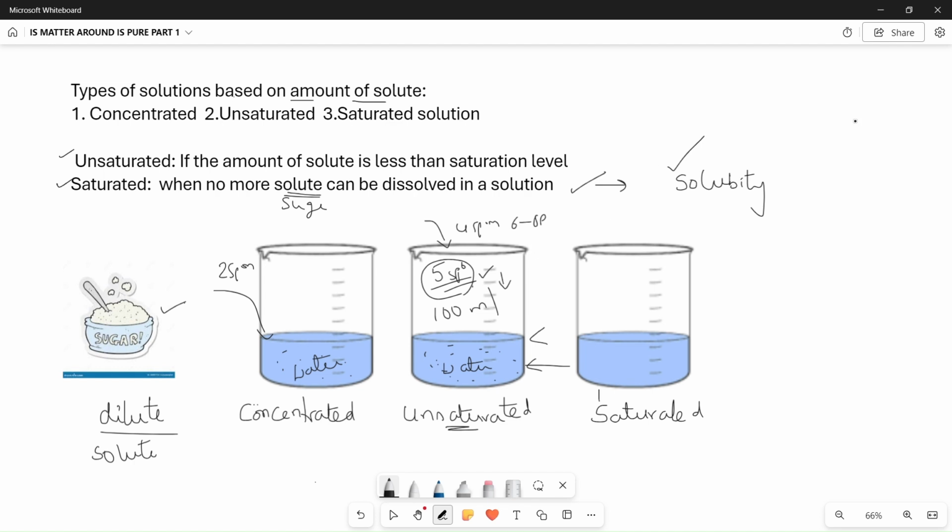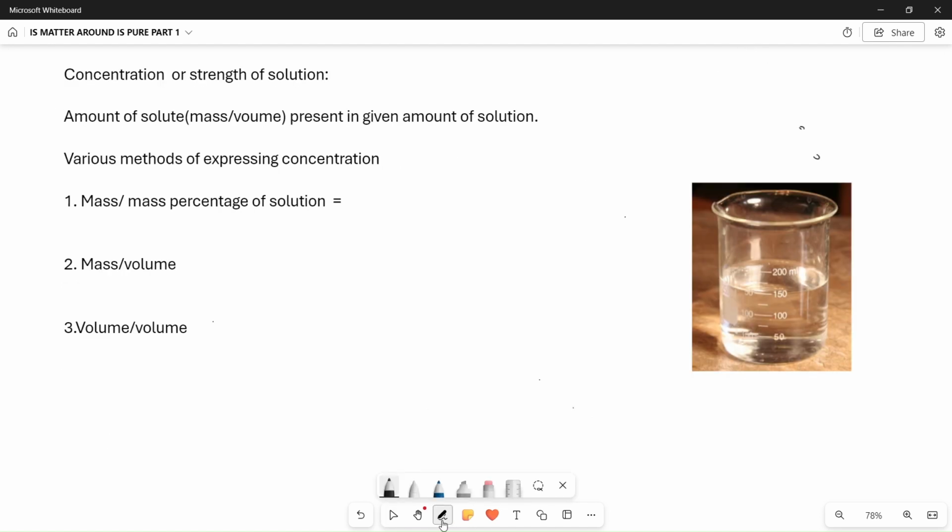We discussed saturated solution, unsaturated solution, solubility and concentrated solution. Now, how do we calculate the strength of a solution, that is, the concentration of the solution? Next concept: the concentration or the strength of the solution.